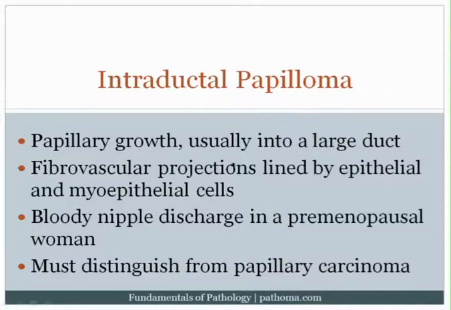Now, intraductal papilloma is the next type of disorder that we want to discuss, and this is a benign tumor. Notice that it's an oma, it's a true mass. The way you want to think about an intraductal papilloma is to simply go back to normal. Let's talk about the very large duct that goes out into the skin of the nipple.